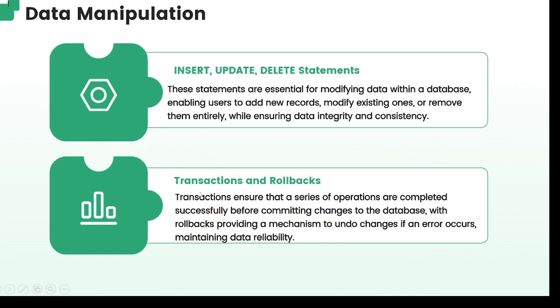If something goes wrong during the transaction, you can use a rollback to cancel the changes and go back to the way things were before. When everything is correct, you use commit to save the changes permanently. This way, you stay in control of your data and avoid mistakes.